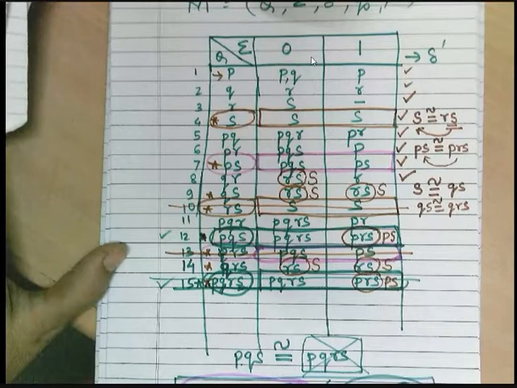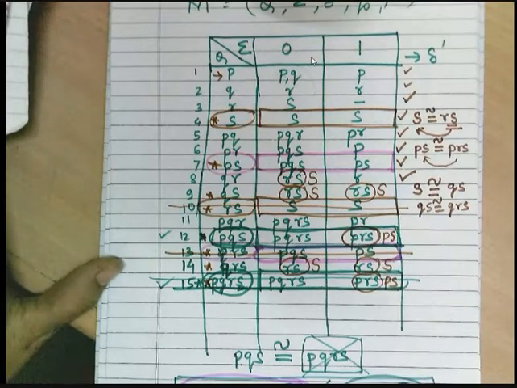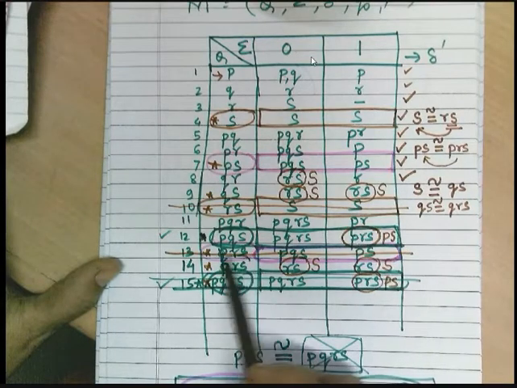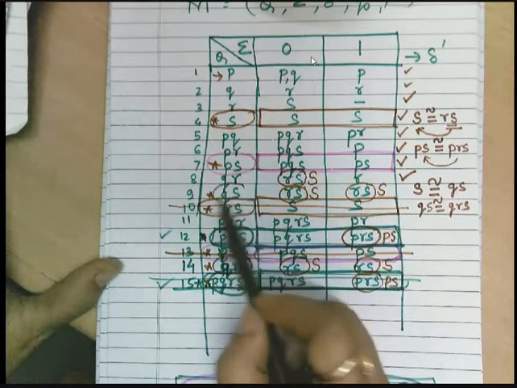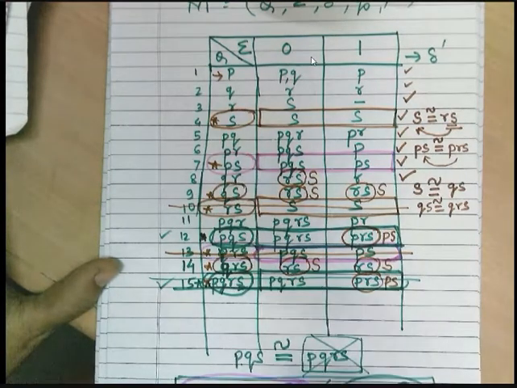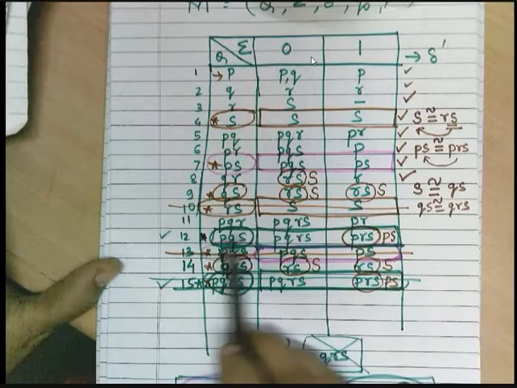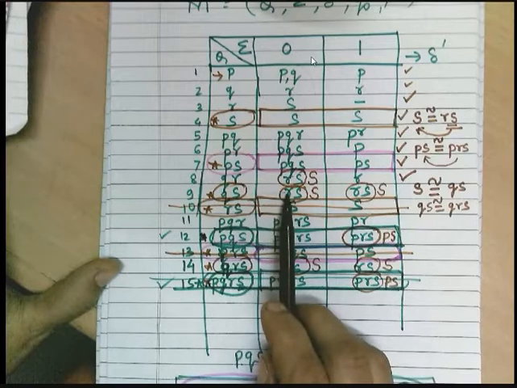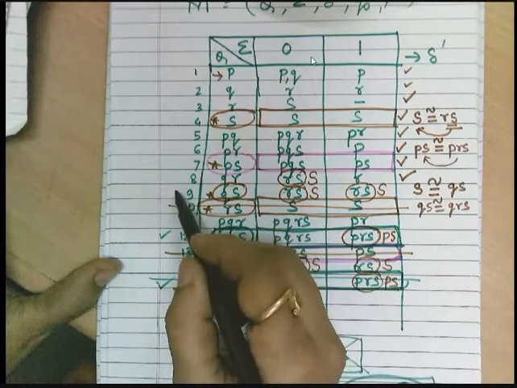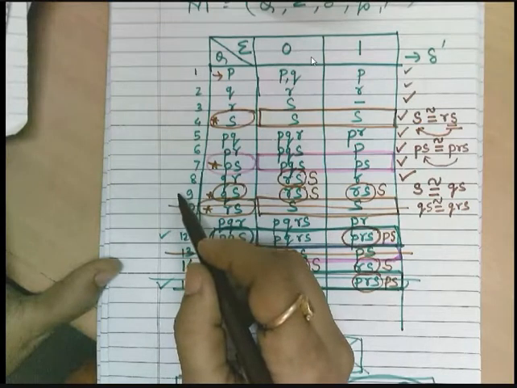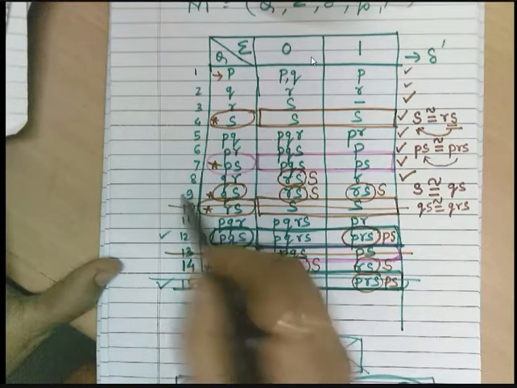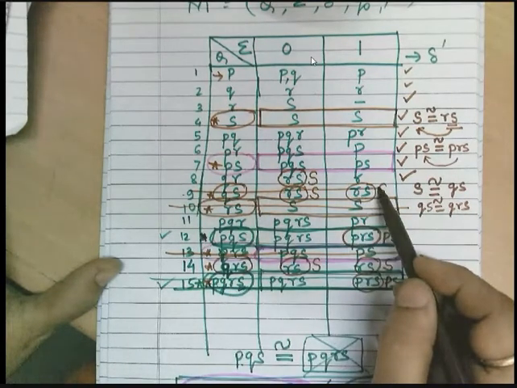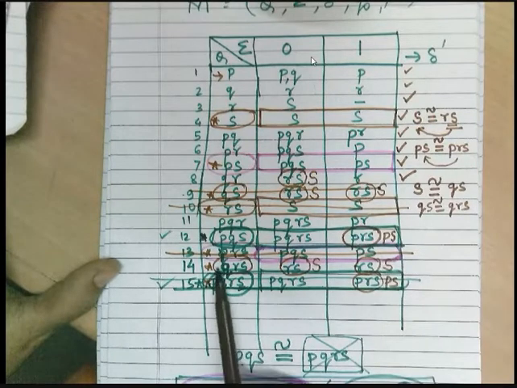So what we can do? We have to check whether this QS and QRS, where it is? Yes, this QRS and this QS both are also final state and they are equivalent to the QS state. Okay. So we need to cut down state number again 9, right? We can replace this with QS and QRS.